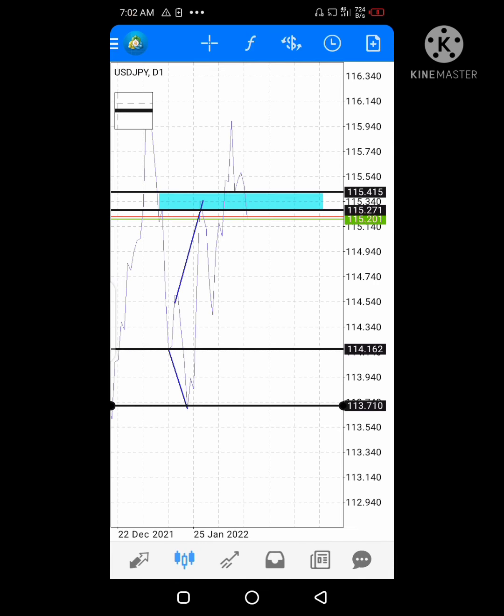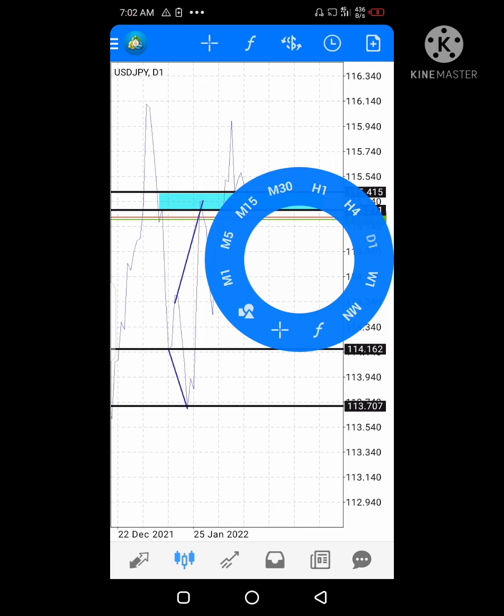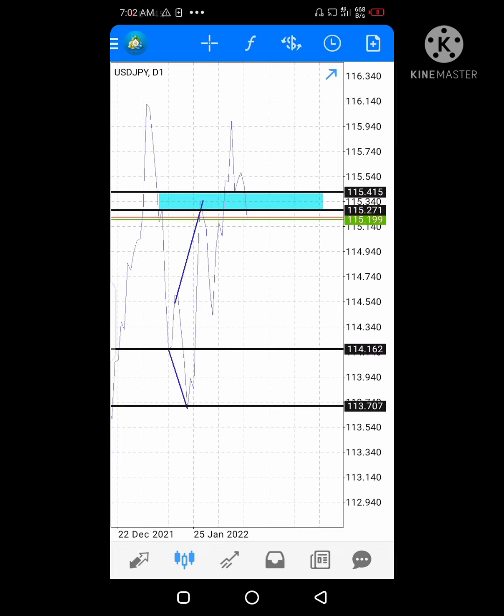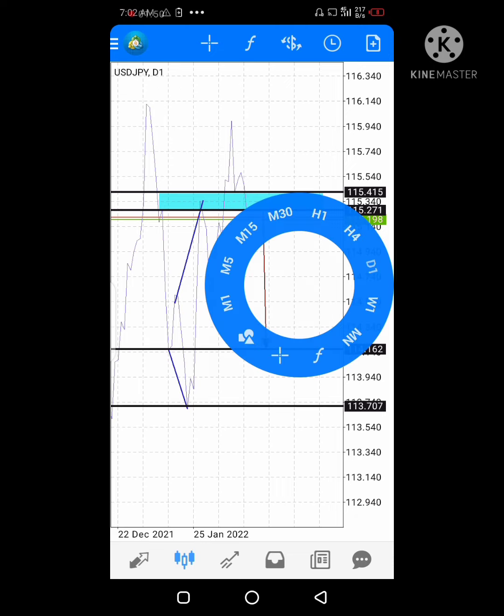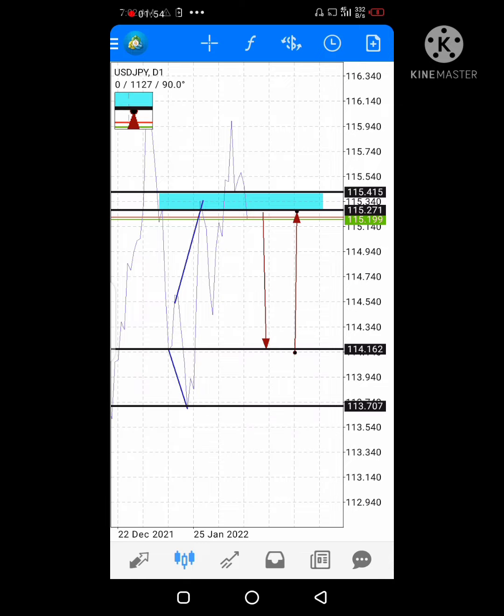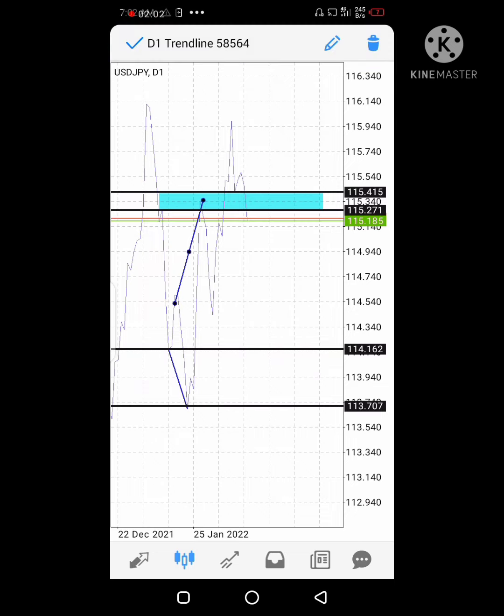Head and shoulder is about to form, so probably we'll look for entries that will take the price down to here. Then we'll now look for a buy entry that will push the price up and probably past here. So currently we're looking for the buy entry, but we'll come back to this one later.